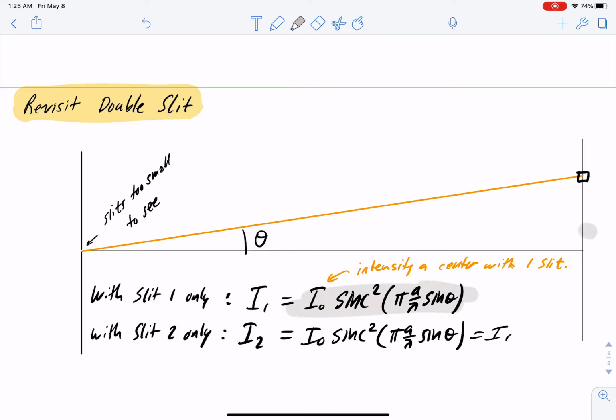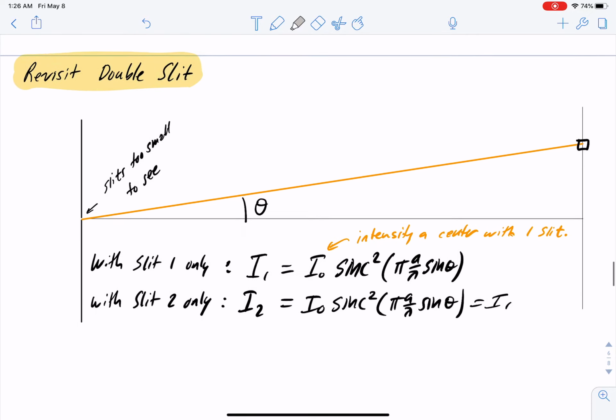So there'll be the big peak in the middle and the side lobes out there. Depending on the angle, we'll get more or less intensity when just one slit is open. If the other slit is open, presuming that they're the same, you'll actually get the same intensity. So the two intensities are the same in this case for the two slits. This allows for some simplification.